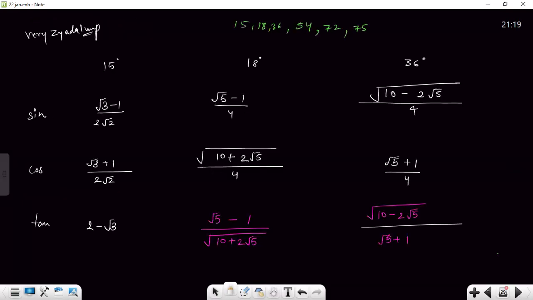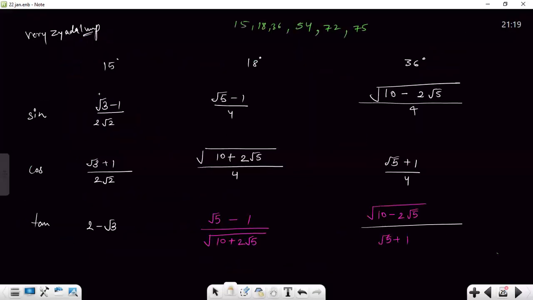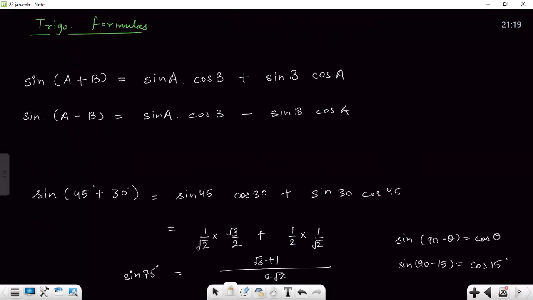And we have found in our earlier formula that cos of 15 is root 3 plus 1 divided by 2 root 2. So what we can observe here is that this is equivalent to cosine of 15, which we have verified using this example.